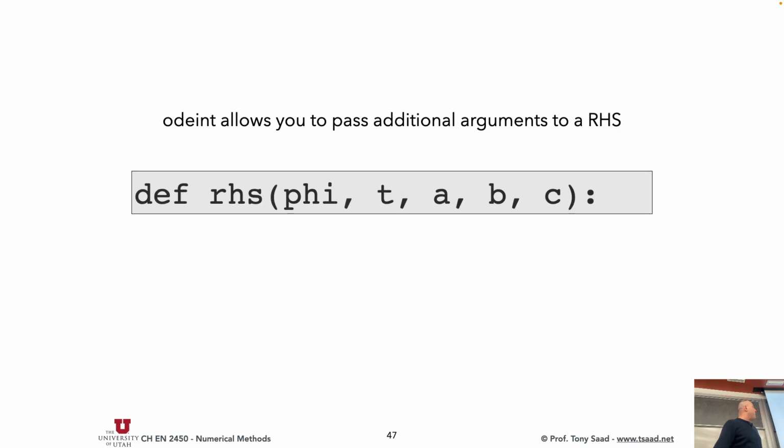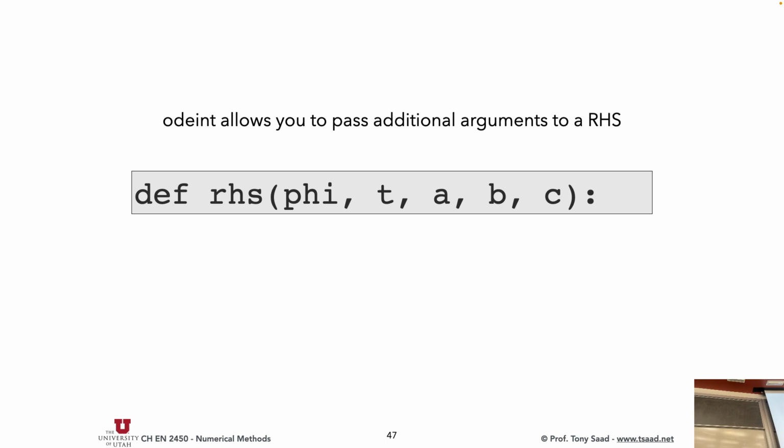Similar to Fsolve, ODEint allows you to pass arguments to any right-hand side routine that you develop. So suppose your right-hand side, by definition, needs at least 2 arguments for ODEint to work. The first argument is the dependent variable. The second argument is the independent variable.